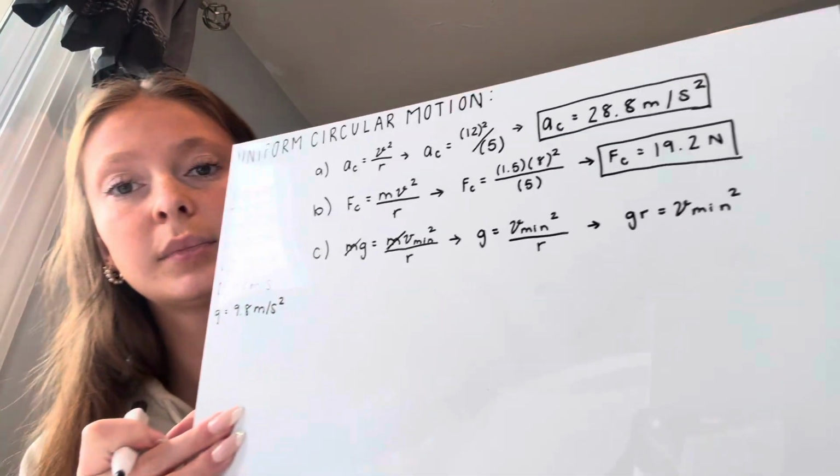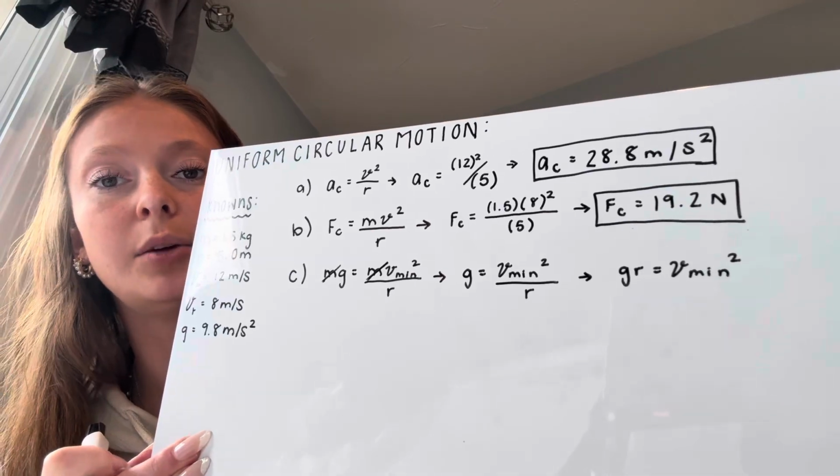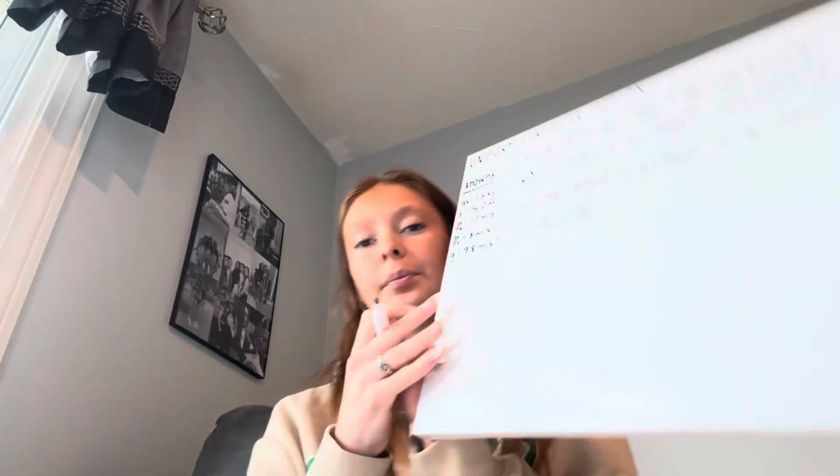So it will be g r equals v minimum squared. And then you have to take the square root of both sides. So ultimately, the equation will be v minimum equals the square root of g times r.